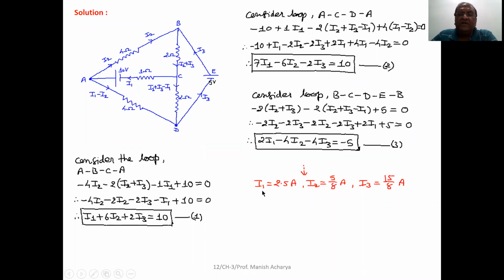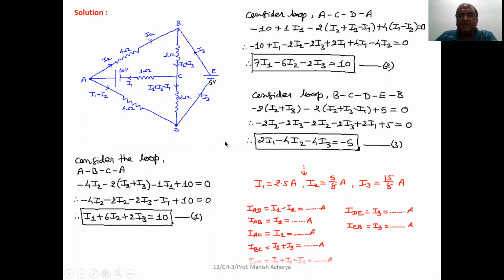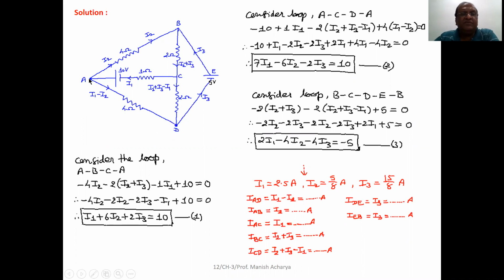And finally you will get I1, that is 2.5 ampere, I2 that is 5 by 8 ampere, I3 that is 15 by 8 ampere. Now current through each branch. So see, suppose we take a current in AD branch. So that is I1 minus I2.